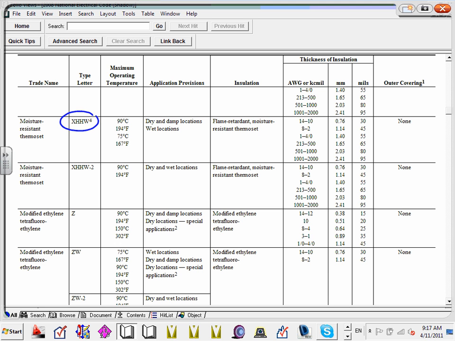Here's an insulation, XHHW. It's rated for 90, dry and damp location. If you use the -2 next to it, regardless of whether it's wet or dry, it's rated for 90. If you use the first one, it's dry or damp location, goes with 90. 75 goes with wet location, as you can see.